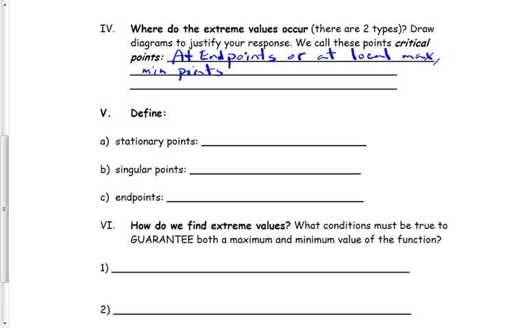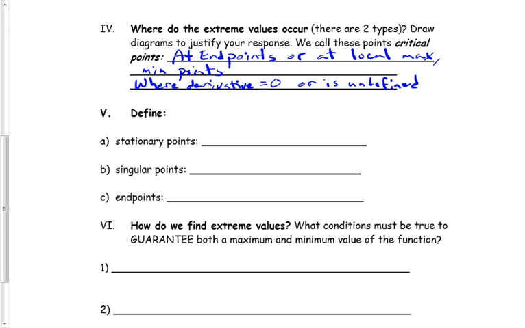And we're going to do a definition here and kind of hone that a little bit. And I think the additional statement here that's important is where the derivative equals 0 or is undefined. We'll talk about that in just a moment.